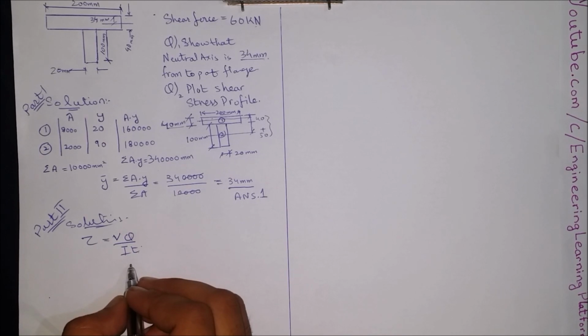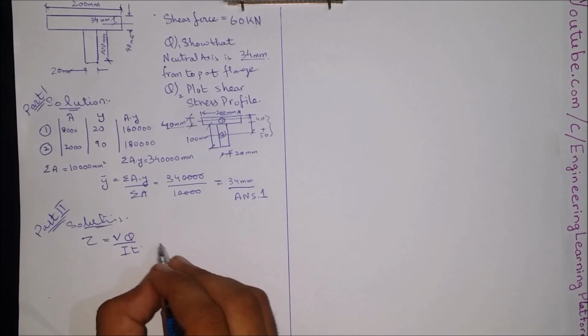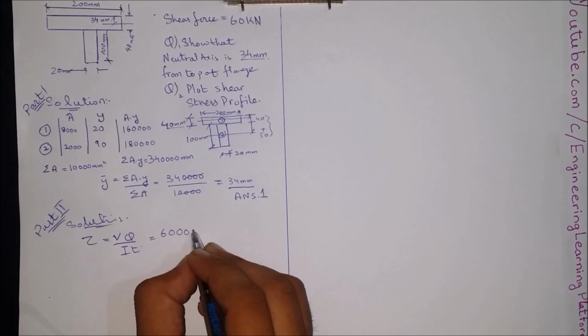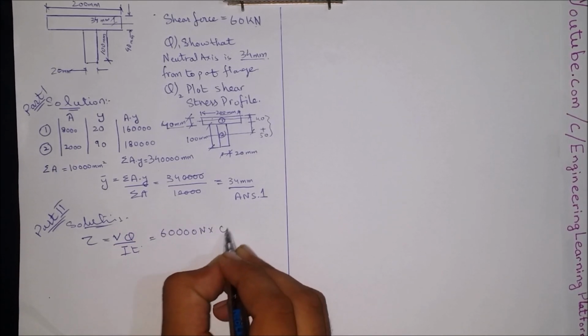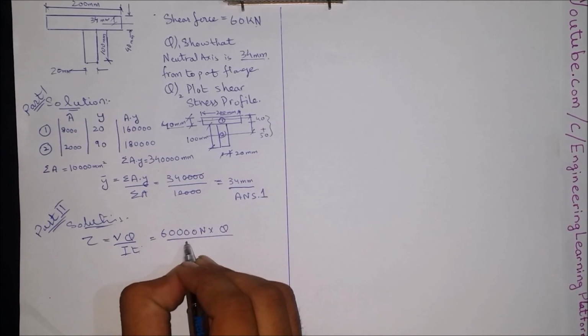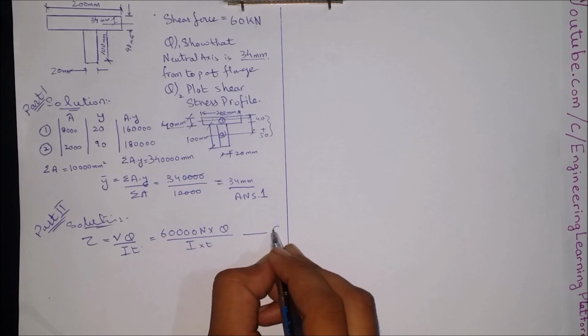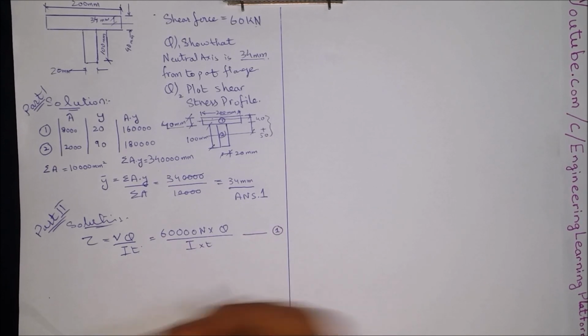Please refer to the previous video in which I have discussed the details of the variables involved in the formula. The equation is 60,000 newtons multiplied by Q divided by moment of inertia times t. Let's call this equation number 1.